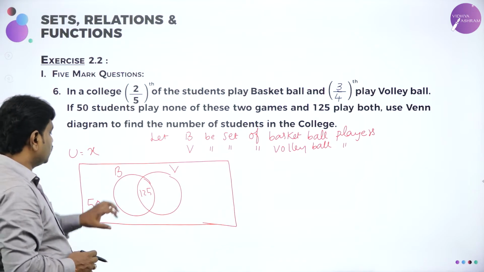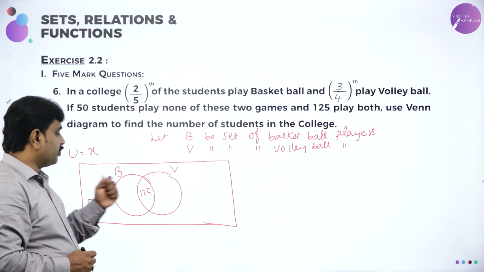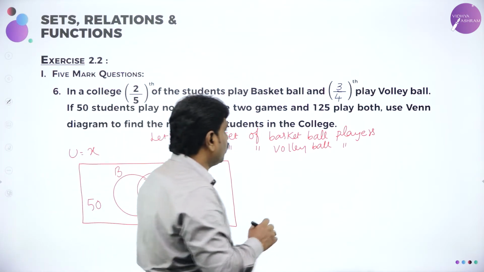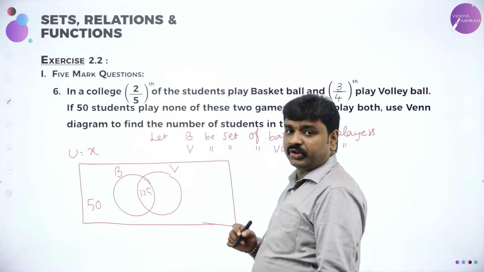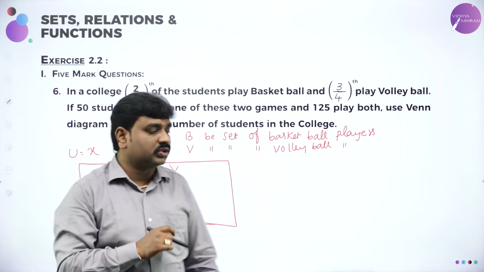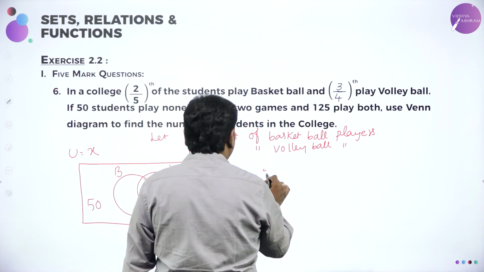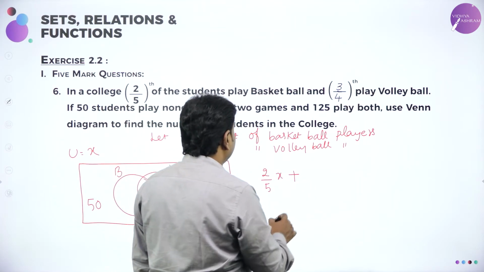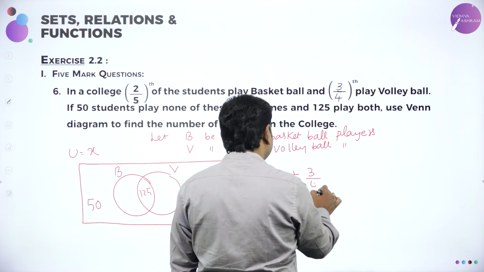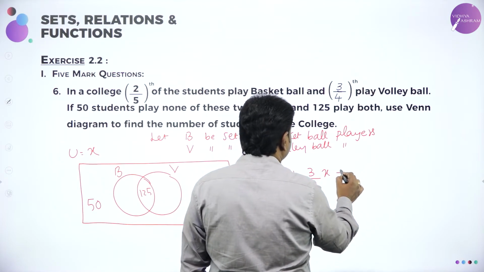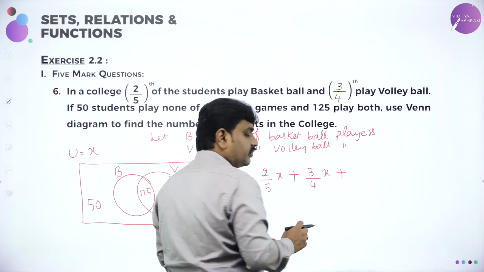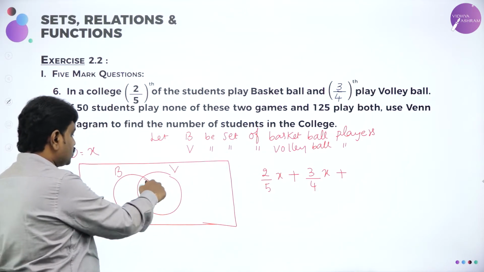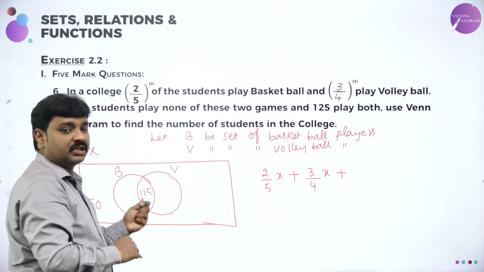Now, before we go to the Venn diagram, first to get the total strength, so 2/5 of X plus 3/4 of X, 2/5 of X means this whole region, but 125 is common in these two.